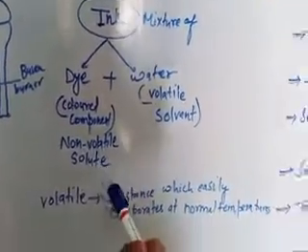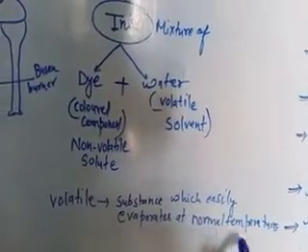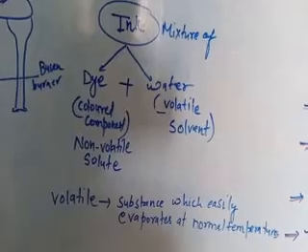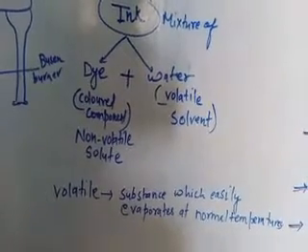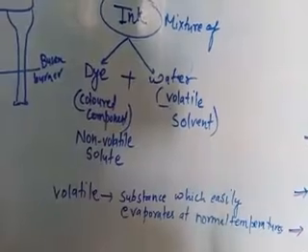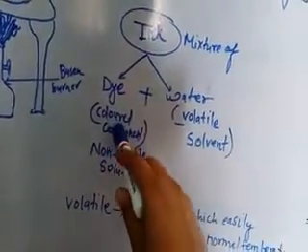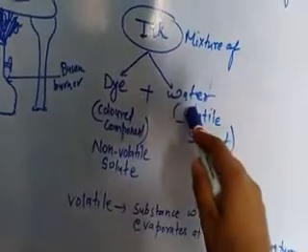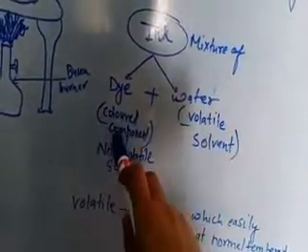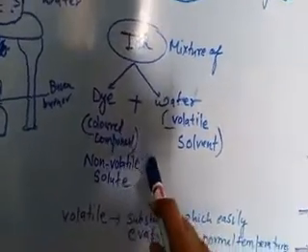Volatile substances are substances which easily evaporate at normal temperatures. We know that water evaporates easily, so we can say that water is a volatile substance. So ink is a mixture of volatile and non-volatile components, where water is the volatile component and the colored component or dye is the non-volatile component.